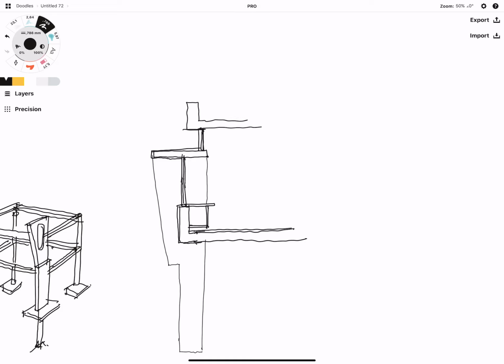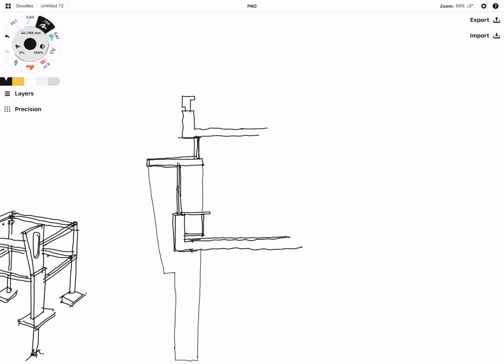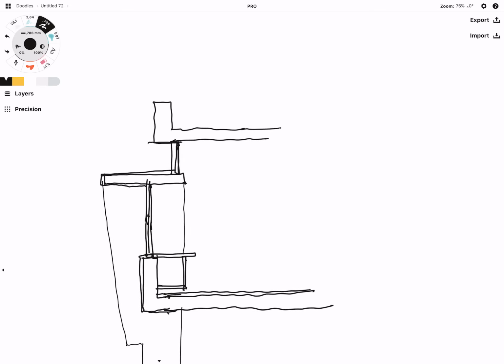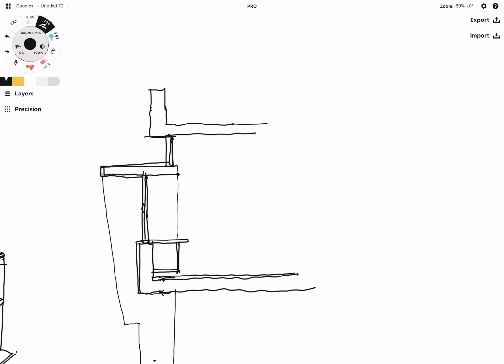Upstand beam, with some brickwork on it. I would have to plaster all of this, and then that plaster would go all the way down. In fact, it would actually go this way. Let's come back to that.